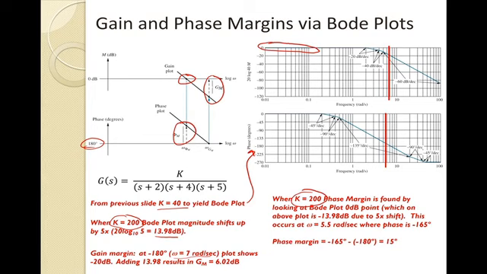That will be roughly 5.5 radians per second as shown there. At 5.5 radians per second, the phase is at about minus 165, right about there. Then what we have to do is subtract that from the 180, and we get about 15 degrees of phase margin.